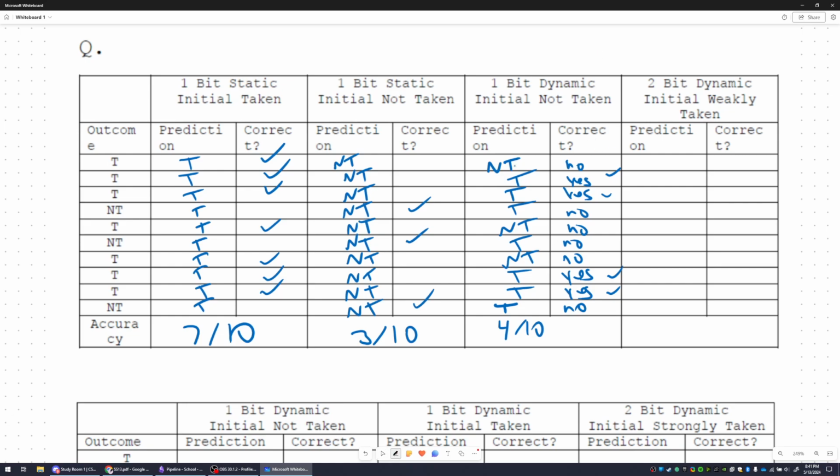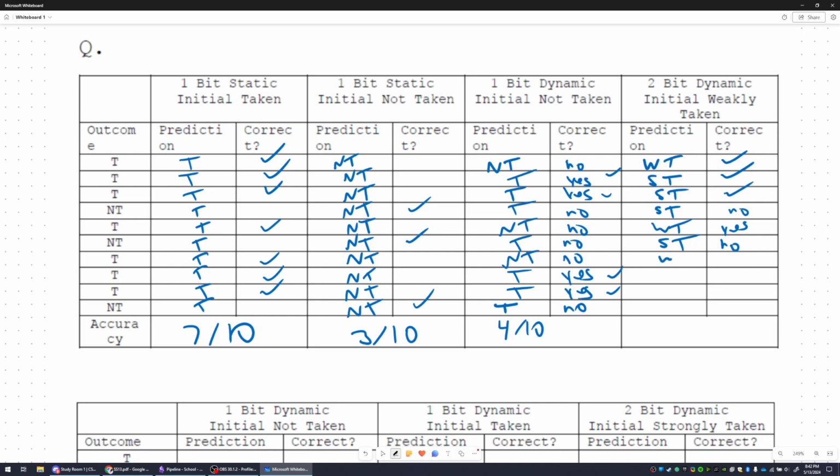And then for this one, it's 2-bit weakly taken. So start with weakly taken. Is it accurate? Yes. So change it to strongly taken. Accurate, yes. Strongly taken. Accurate. So strongly taken, but it's wrong. So we switch it to weakly taken now. Is it correct? Yes. So change it back to strongly taken. Is it correct?